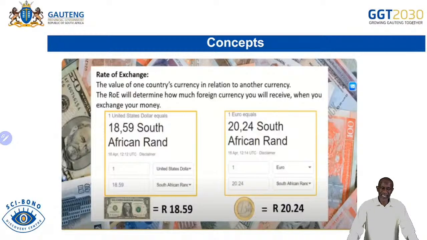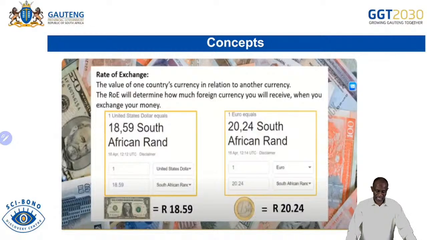The rate of exchange explains how much you will get when you use your own currency to buy a currency of another country. When you use your own money that is used in your own country to buy foreign currency or money from other countries.